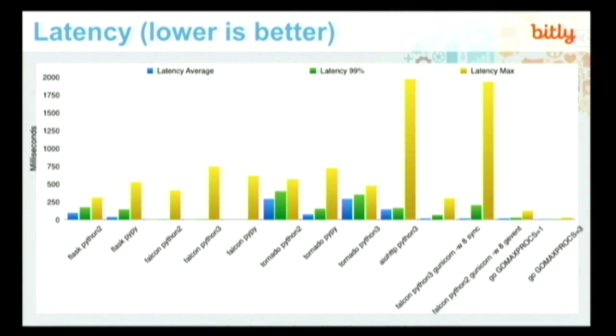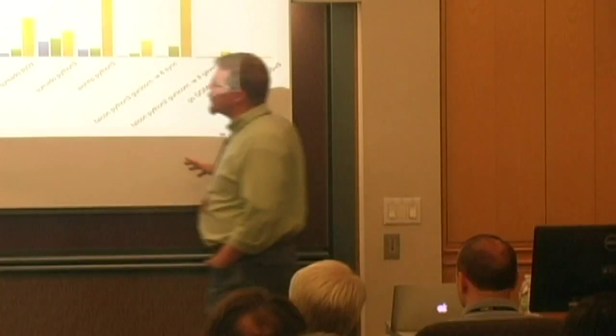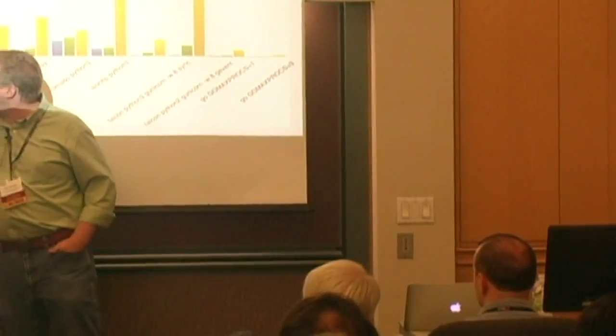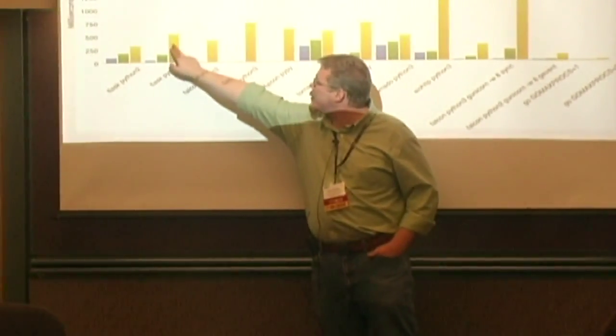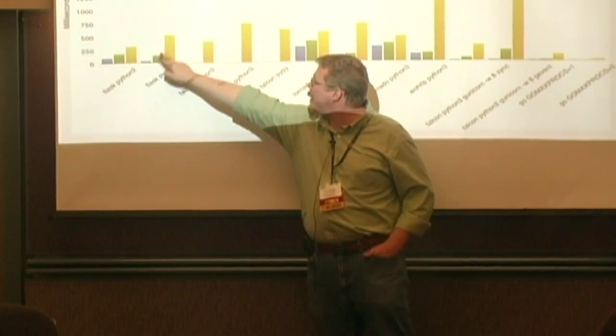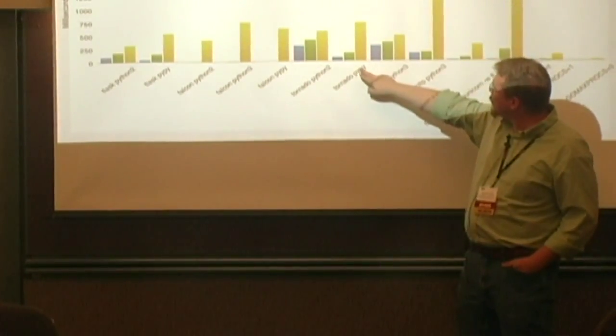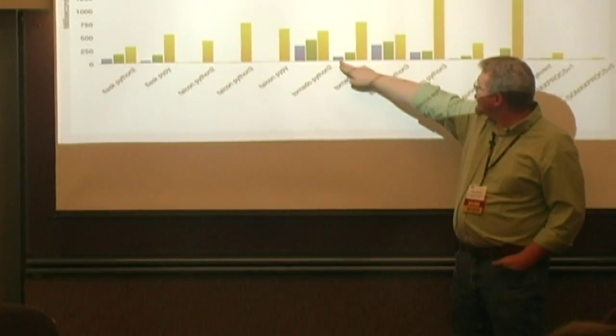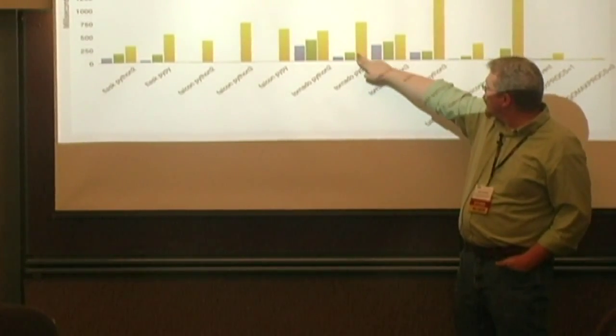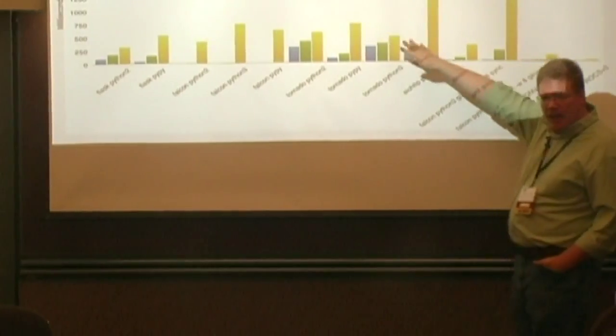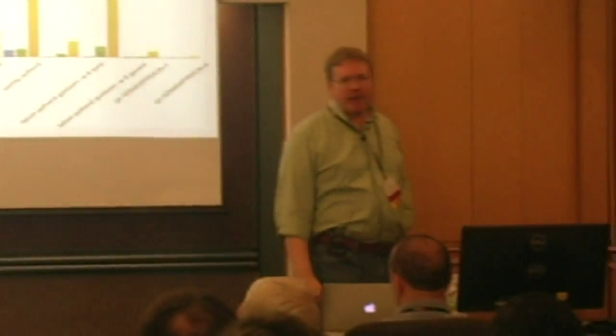They're not too terribly different. The one other interesting thing to note here is latency, average, 99, max under PyPy. Tornado shows a similar profile. Average is low, 99 is low, max is a bit higher than running it under Python or Python 3.